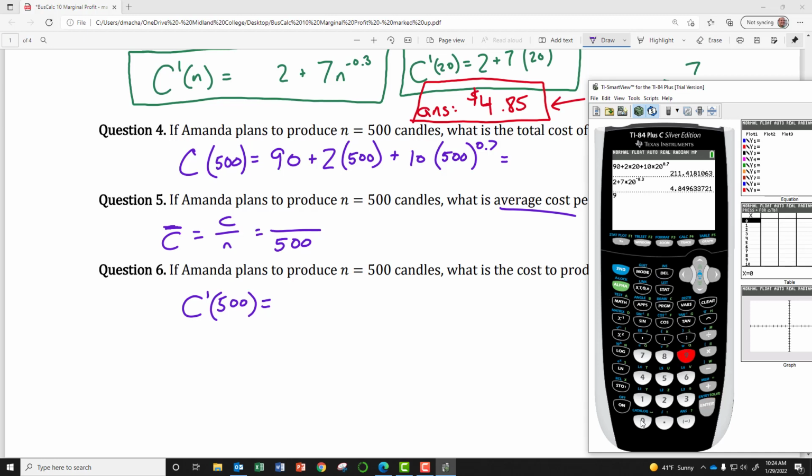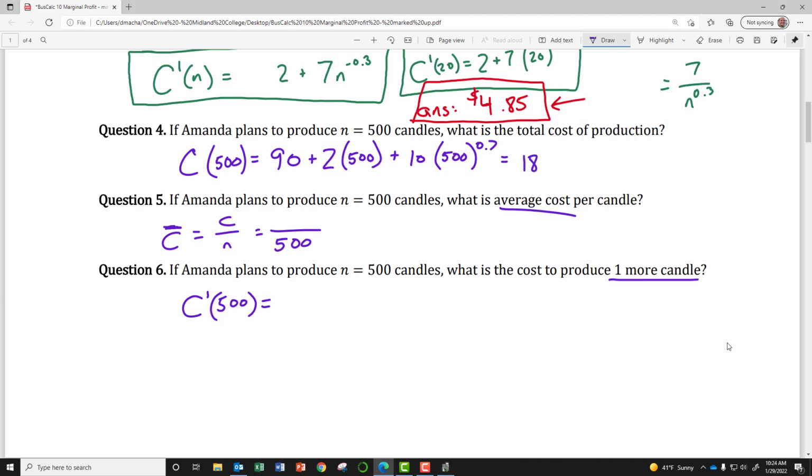So 90 plus 2 times 500 plus 10 times 500 to the power 0.7. So my total cost for question 4, rounded to the nearest dollar, is $1,865. So if I want to produce 500 candles, it'll cost me just shy of $2,000 for the total cost.